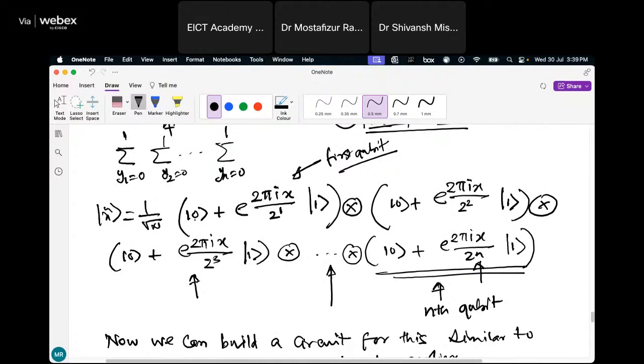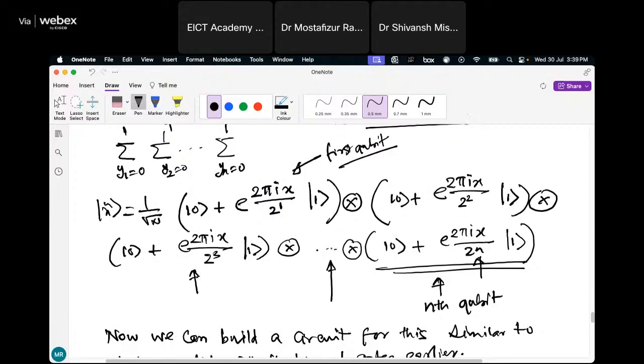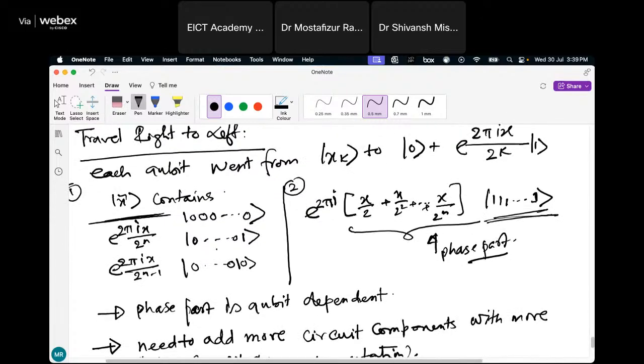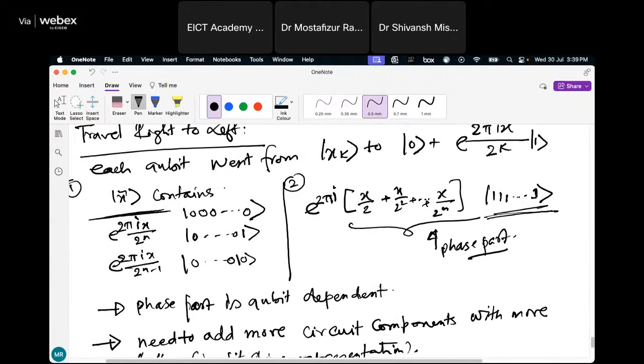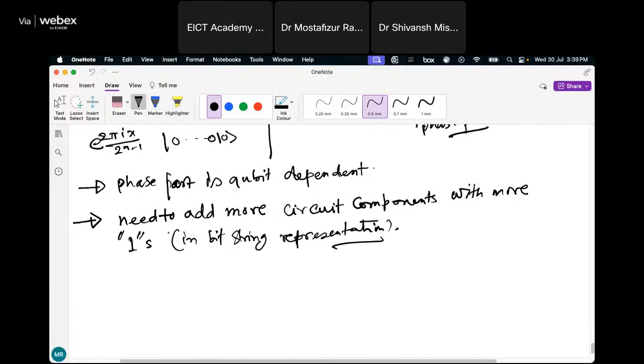All these zeros will be multiplied with no phase factor. If you multiply all terms with everyone, only then will you get all the basis states, like all 0 to all 1. The more ones there are from right to left, the more phase factor comes into the picture. The more zeros there are, the less phase factor there is. That is the observation from the equation.